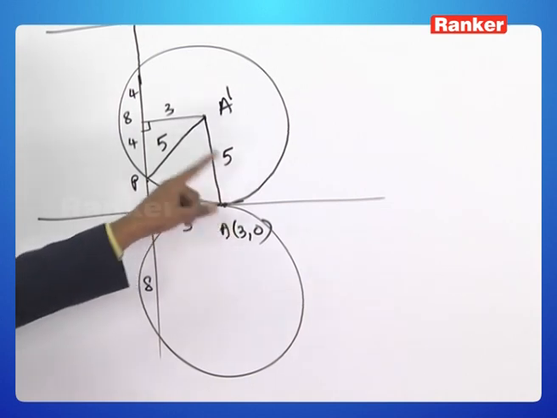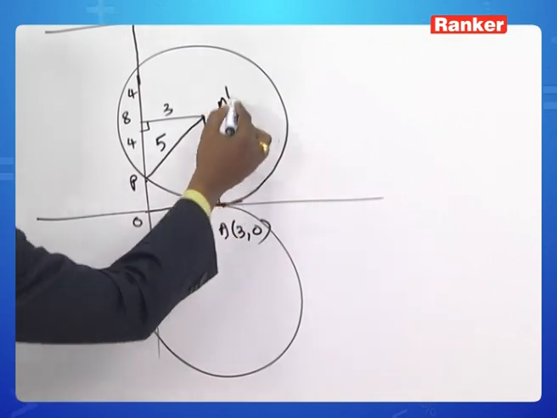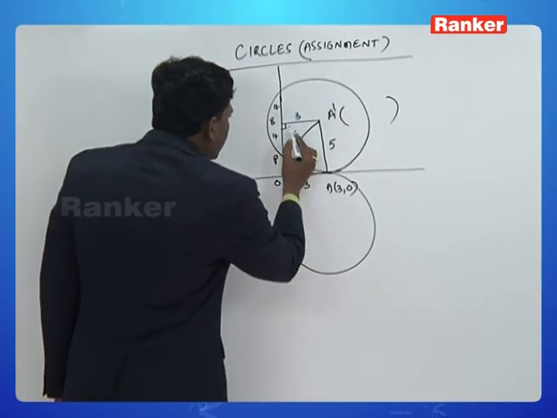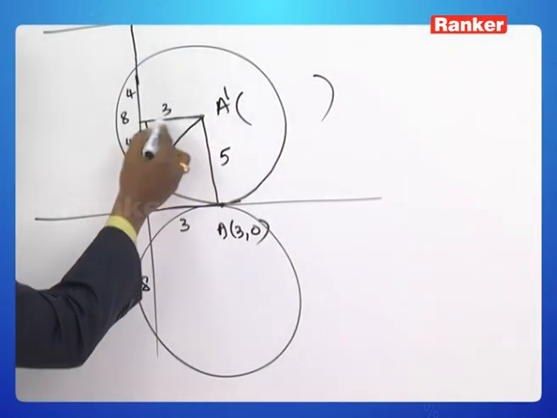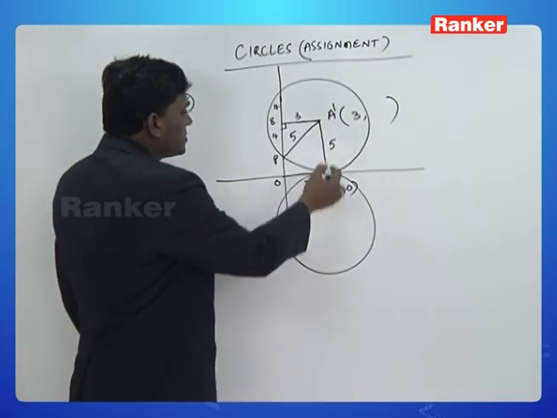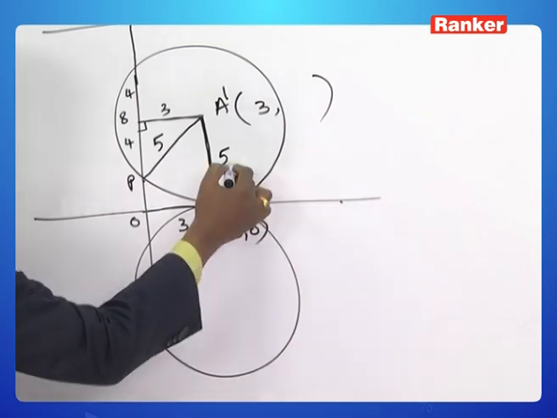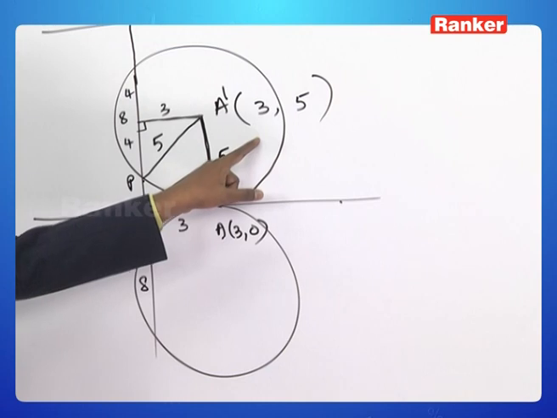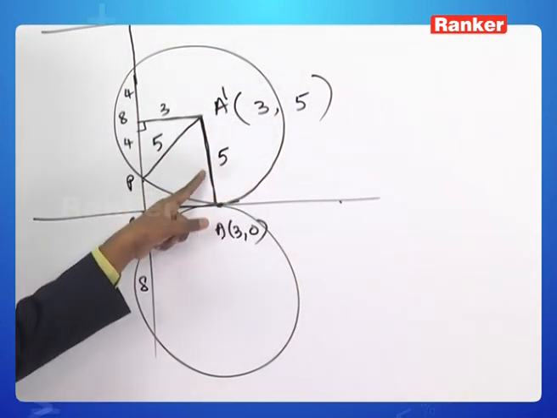So here the radius of the circle is 5 units, and coming to the center coordinates, if we observe the diagram, this is 3 units, which is clearly its abscissa, and the ordinate is nothing but the distance from the center to the x-axis. This value is clearly 5. So the center of this circle is (3, 5) and the radius is 5 units.